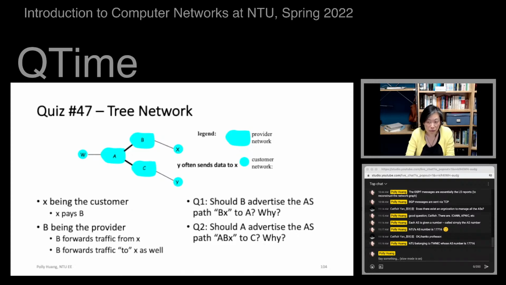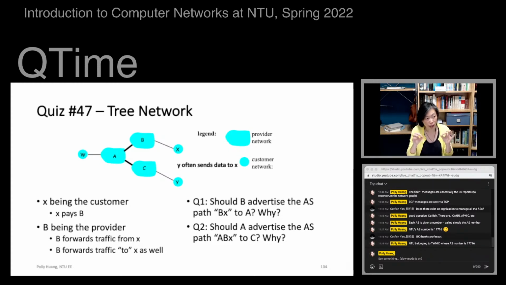So let's walk through these four quizzes and see if you can pick up some skills setting up policies for each of these provider networks. Quiz 47 is the simplest. The network looks identical to the network in the video. The bigger clouds are the ISPs, the provider networks.